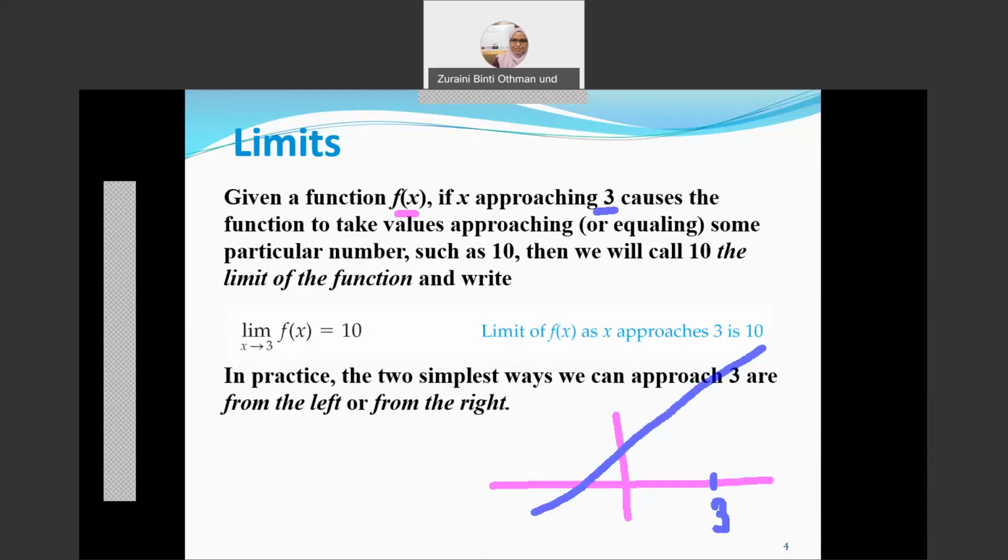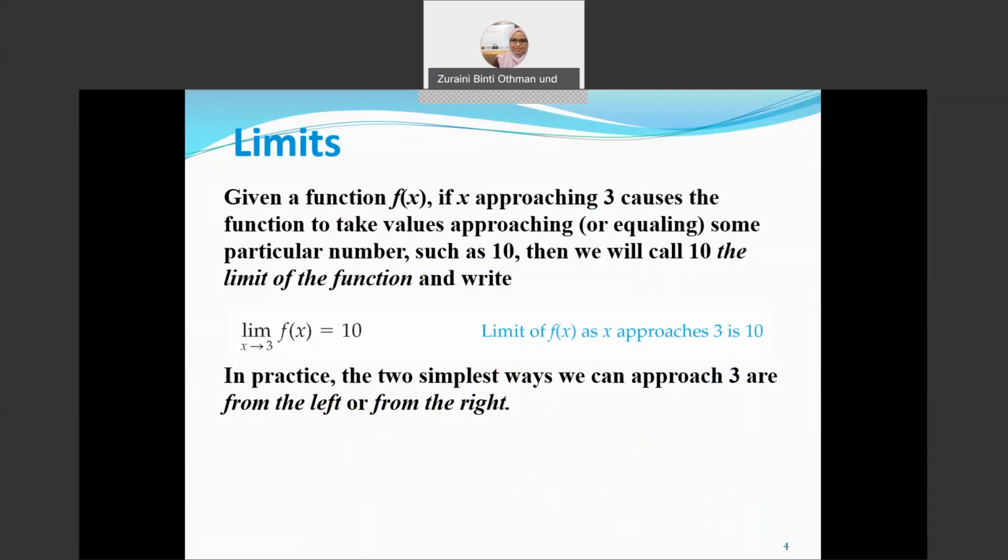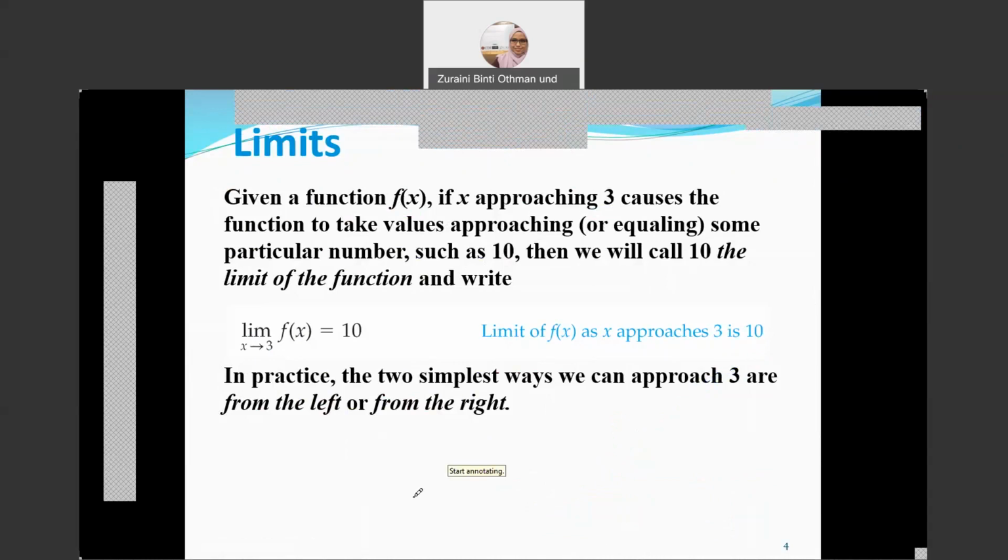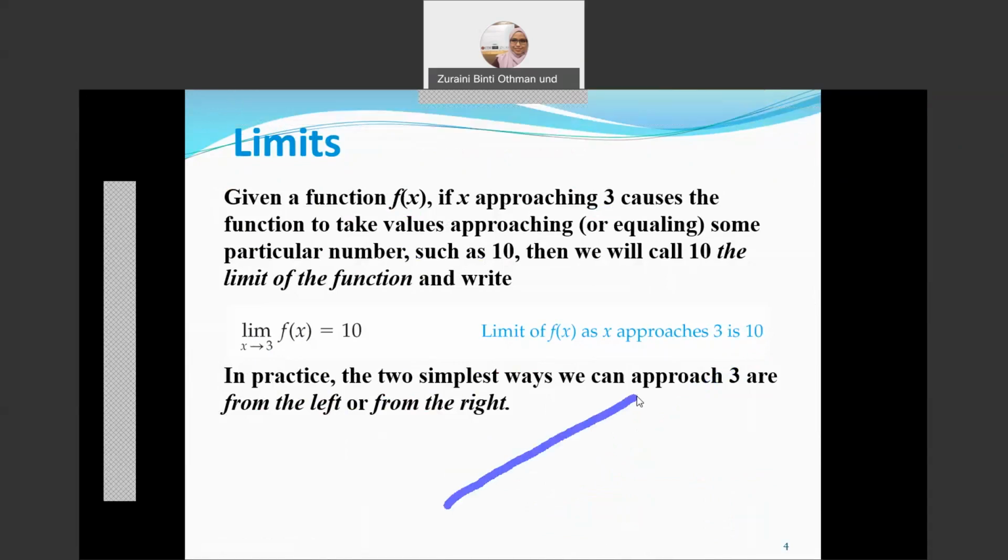So if we look at this graph, contohnya macam ni kan, graph ni tadi macam ni kan. So sekarang kalau kita tengok bila dia dekat 3 kan.